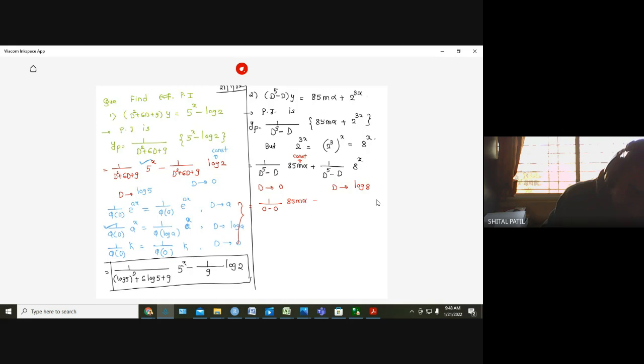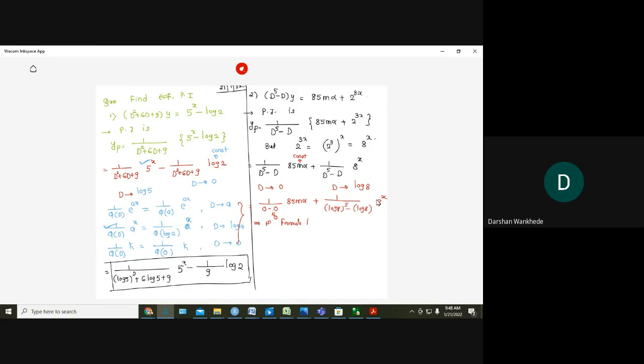But we are getting 0 in the denominator. So what should be done? We are getting 0 in the denominator, right? Yes, sir. Derivative.